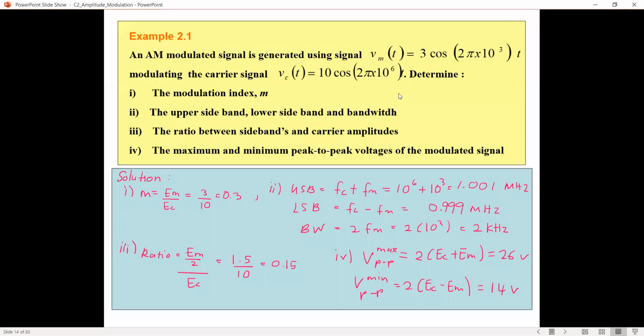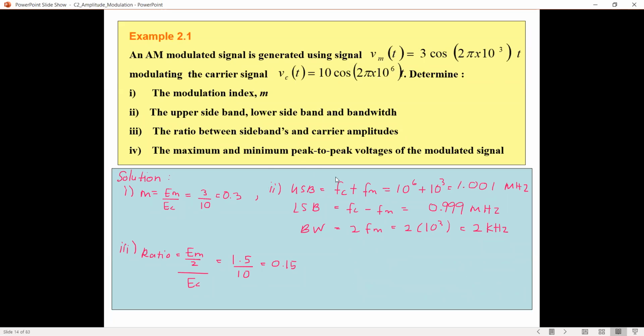Oh, doctor, can you repeat how to get bandwidth? Bandwidth? Okay, bandwidth. It's 2 times FM. Bandwidth is actually, like I said, the frequency range, the difference between the highest frequency and the lowest frequency.